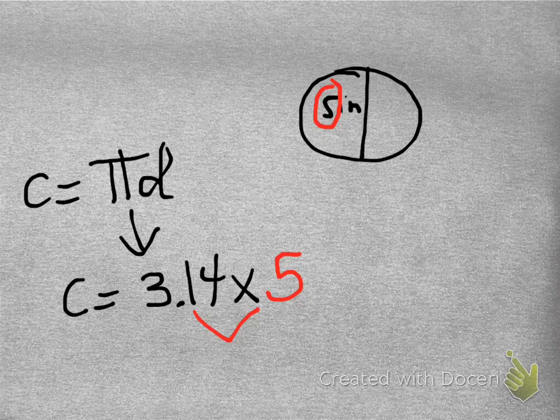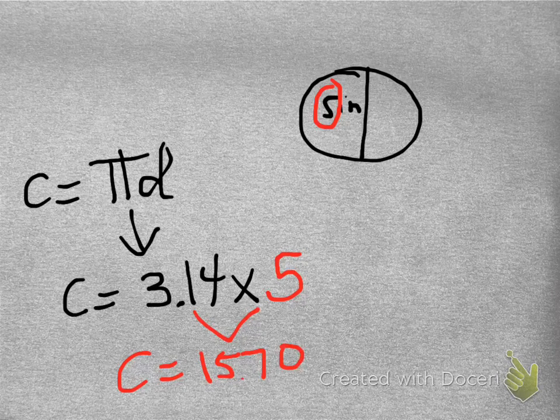So when we do 3.14 times 5, it's going to give us a circumference of about 15.70. Okay, so it's just plugging in numbers and really knowing what information is already given to you. And then we'll do another example here.